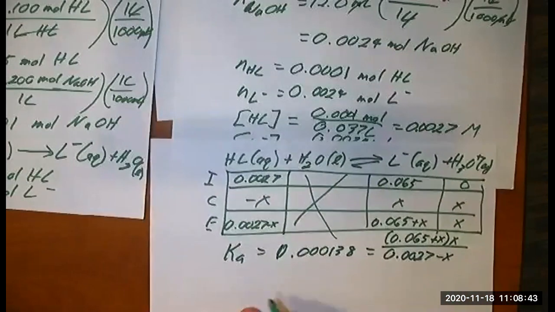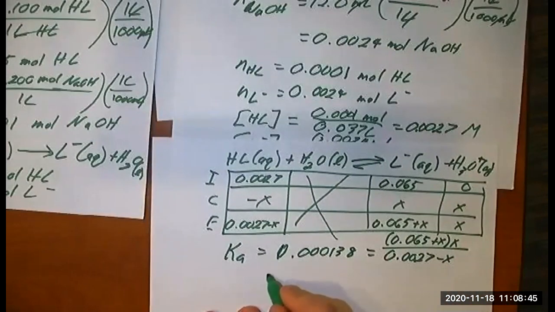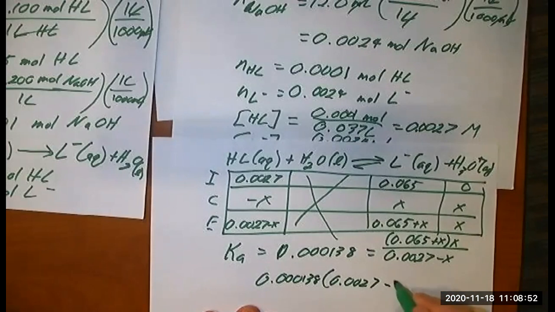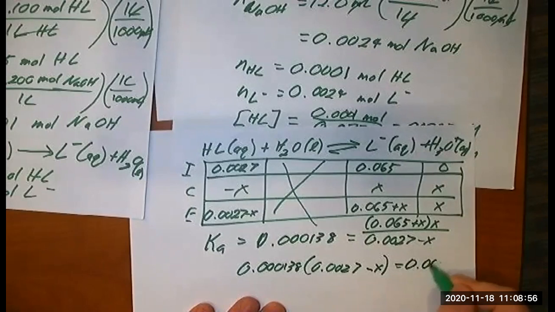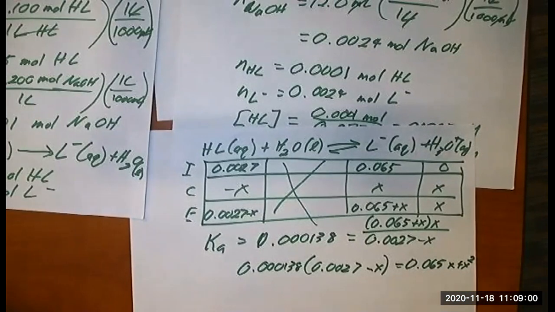So we can multiply through: 0.000138 times 0.0027 minus x equals 0.065x plus x squared.